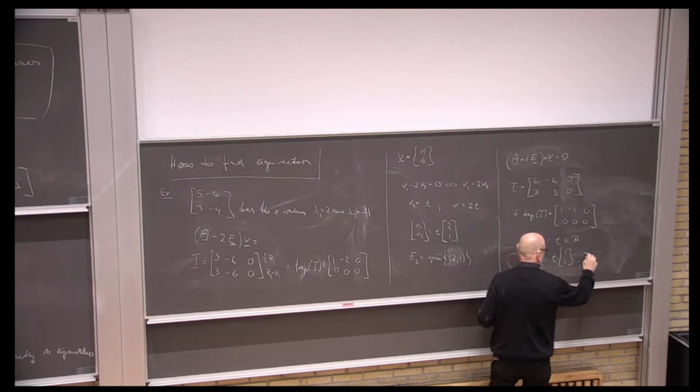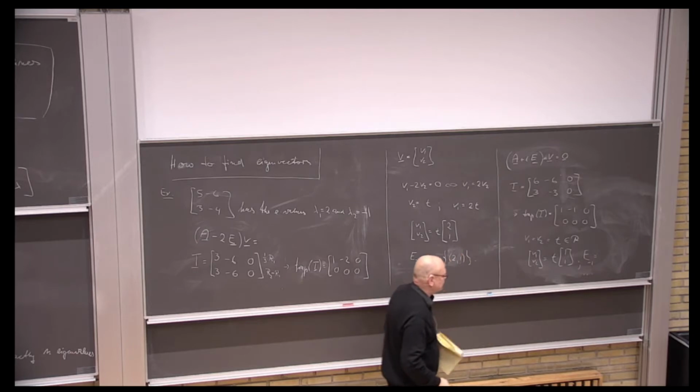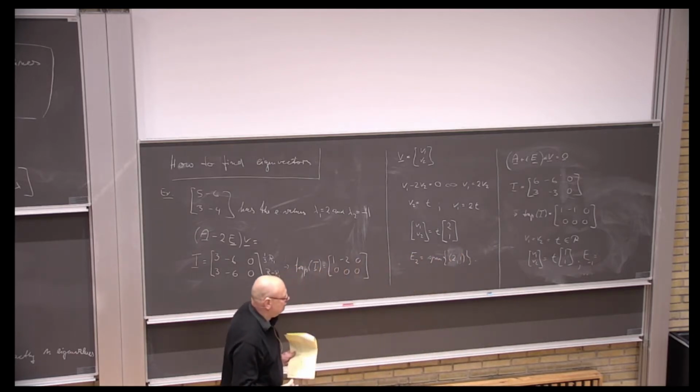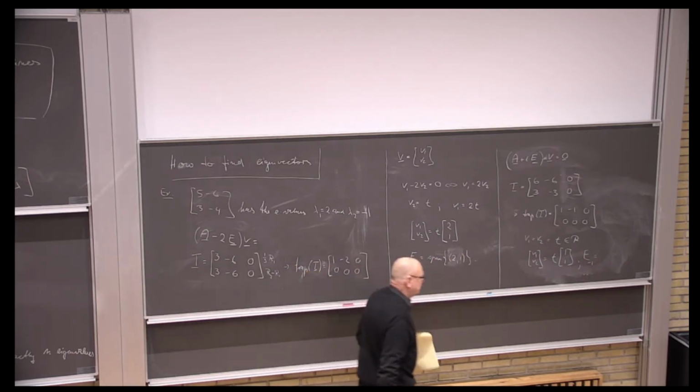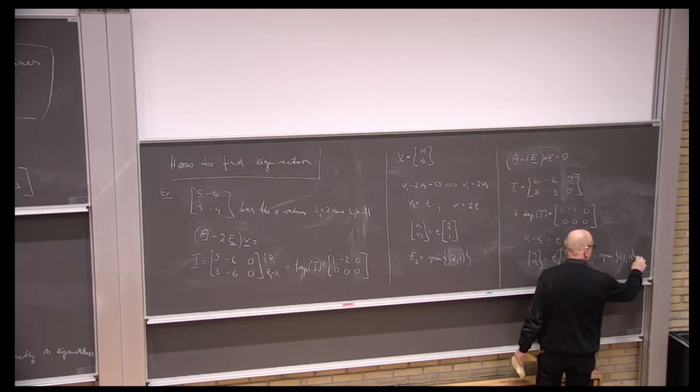And then I get that E minus 1, that is the eigenspace corresponding to the eigenvalue -1, is the span of this vector, 1, 1.